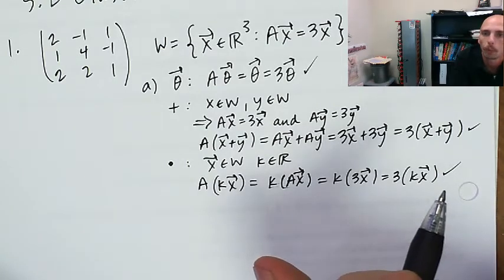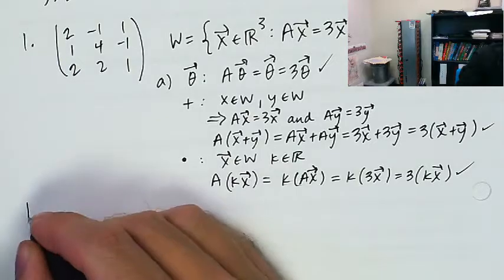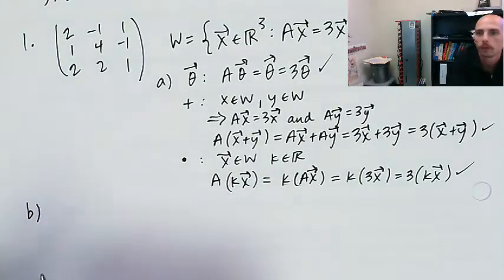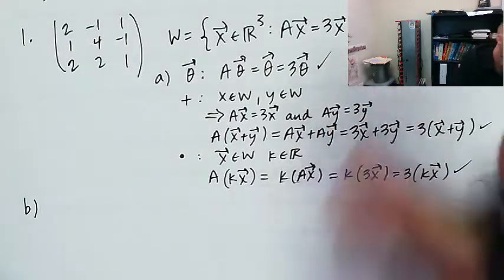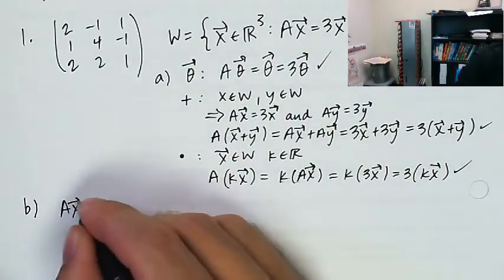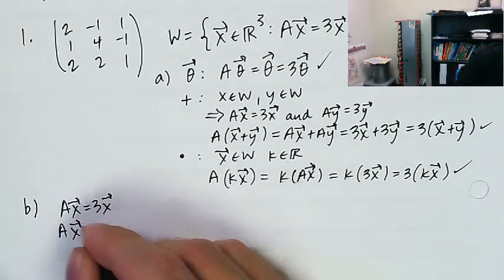Okay. Now, for part B, I'm a little interested in this. Let's think about solutions to A minus 3I times X equals 0. Where that comes from is AX equals 3X. Subtract 3X from both sides.